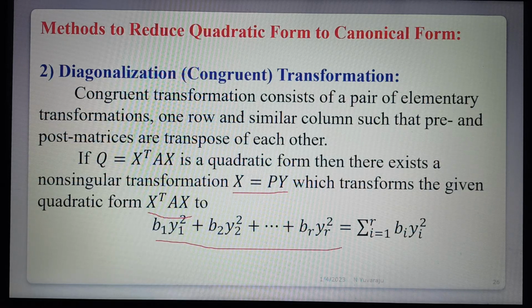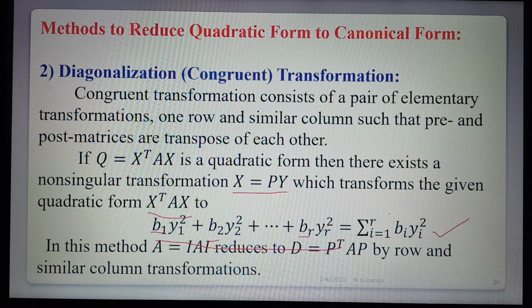Only the diagonal elements remain, the sum of the squares of the variables. Here the coefficients are b1, b2 and so on. They are only constants, not eigenvalues. In the first method we used eigenvalues of the coefficient matrix, but here they are any constants. This form is called canonical form.